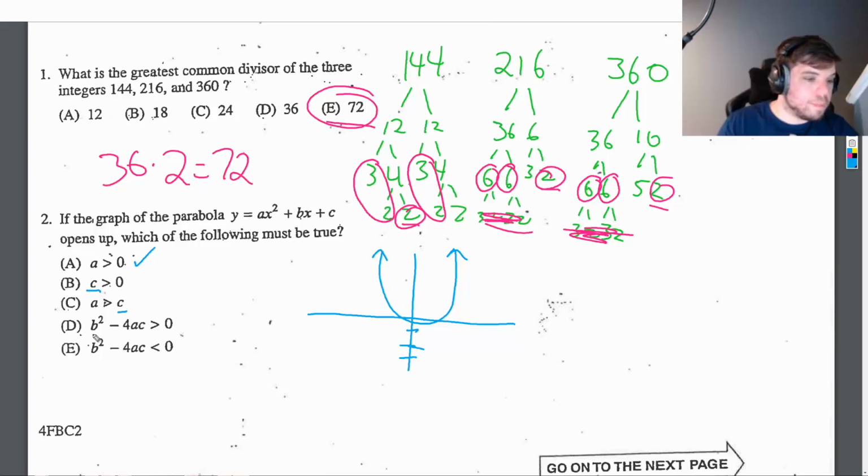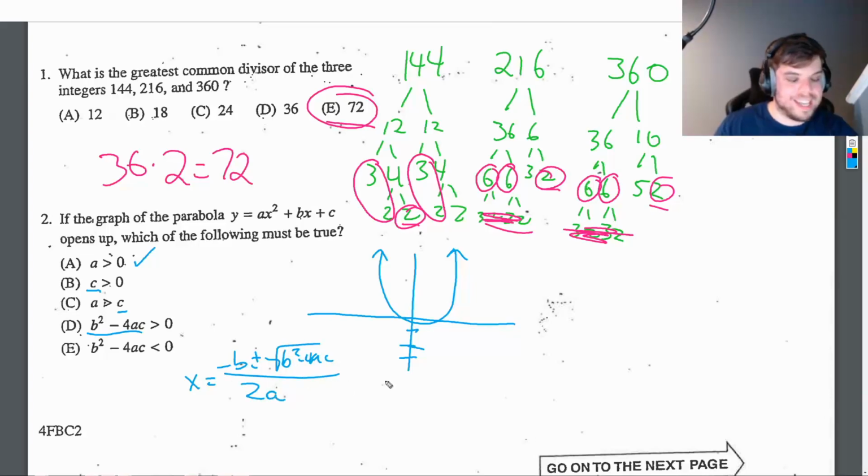B squared minus 4ac is greater than 0. B squared minus 4ac is considered the discriminant. It's found in the quadratic formula: x equals negative b plus or minus the square root of b squared minus 4ac, all over 2a. So there's that b squared minus 4ac.